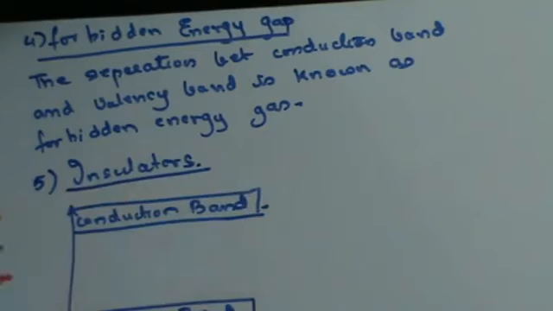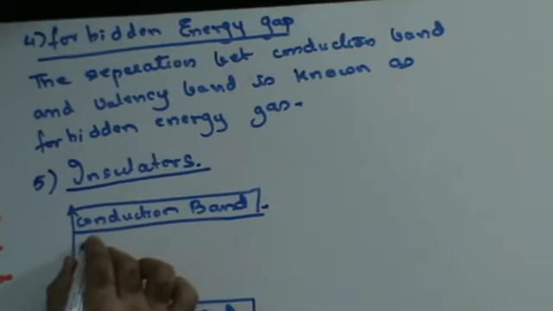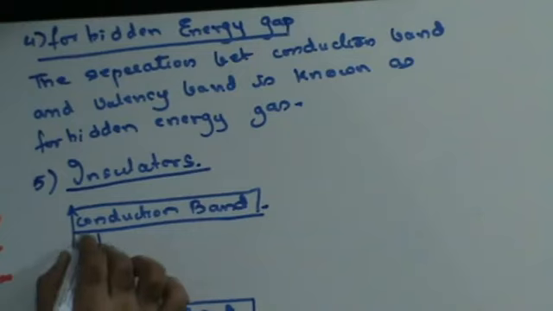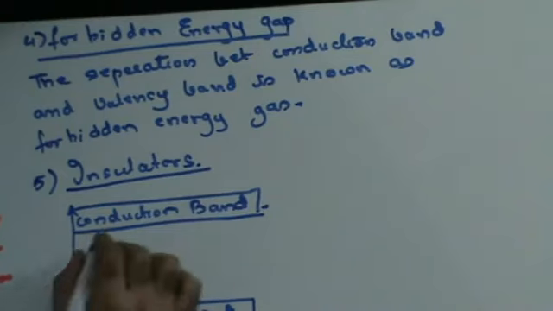Now, in the case of an insulator, this is my forbidden energy gap. It is nothing but the difference between the energy levels of the conduction band and the valency band.